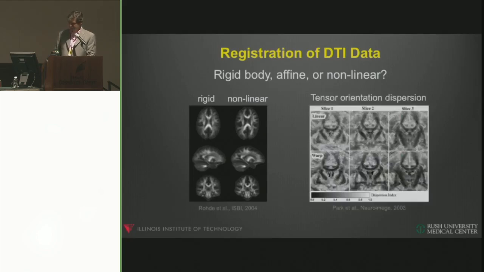In this particular study, they looked at dispersion of tensor orientation for data sets that have been normalized using nonlinear registration in the bottom row and linear registration in the top row. As you can see, when using nonlinear registration in the bottom, the dispersion of tensor orientation is lower than the dispersion of tensor orientation that you achieve with linear registration.